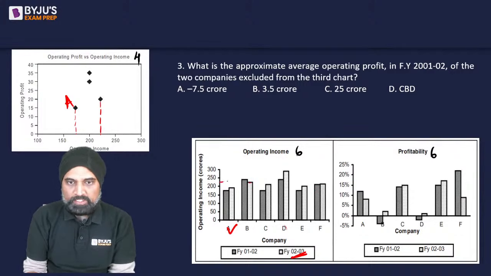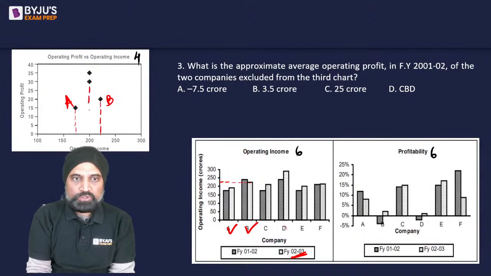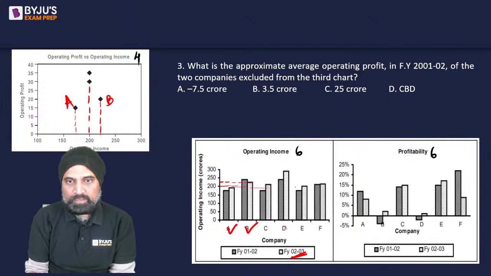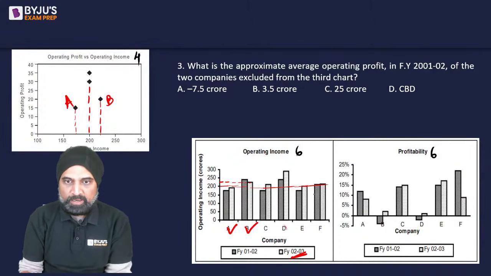But the one that is very close is company B. Okay, so this is company B. Then we have 2 companies whose operating income is 200, or very close to 200, a little up and below.